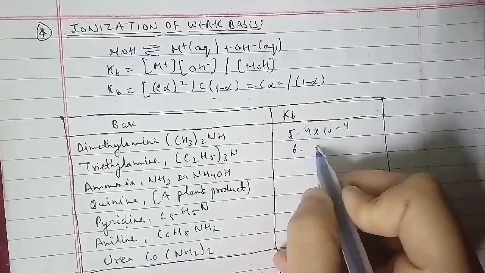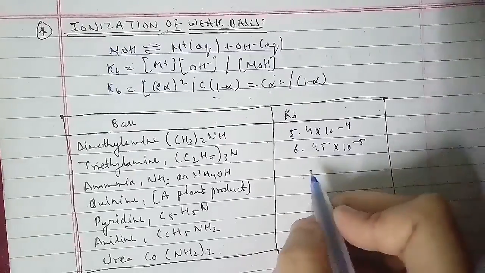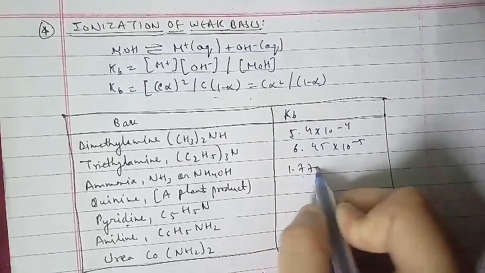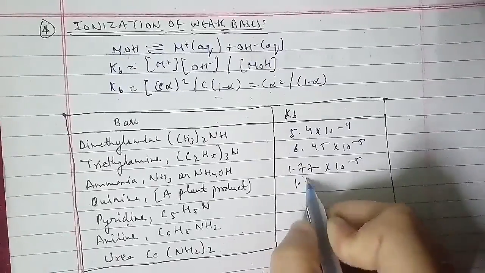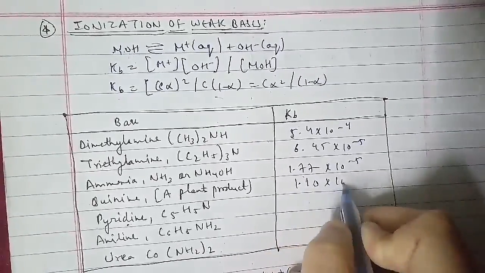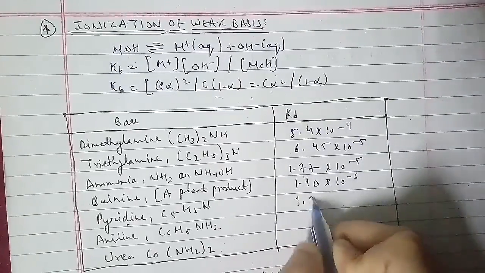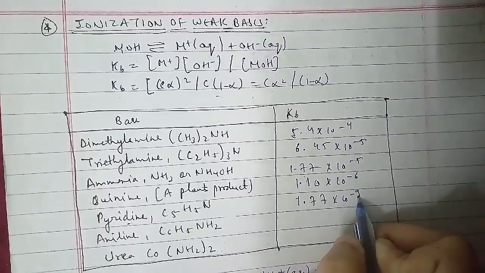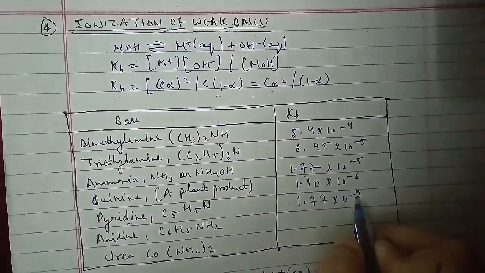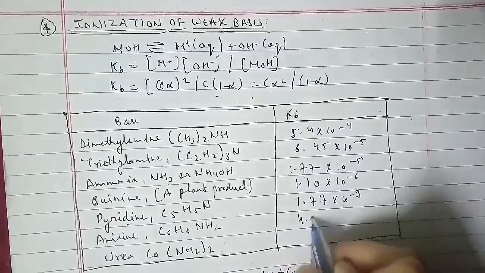For the solution, we will write down the equation: NH2NH2 + H2O gives NH2NH3⁺ + OH⁻. From the pH we can calculate the hydrogen ion concentration, and knowing the hydrogen ion concentration and the ionic product of water, we can calculate the concentration of the hydroxyl ion.